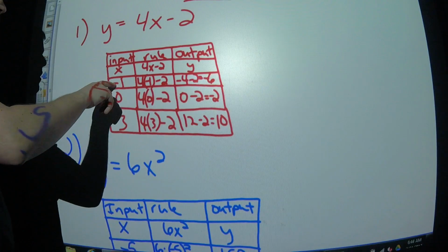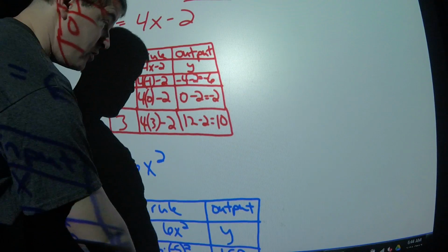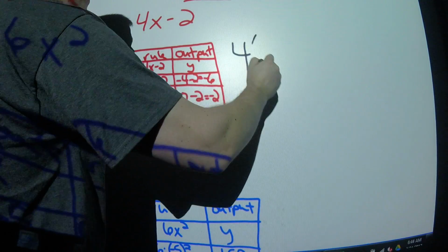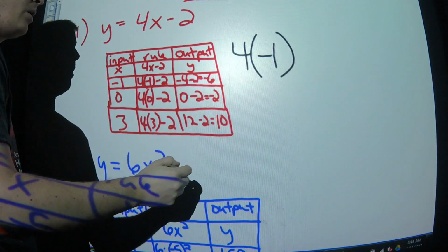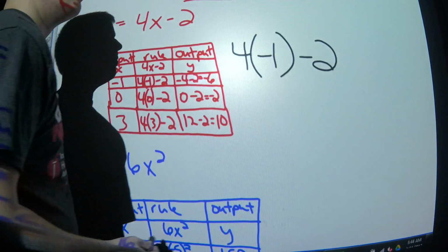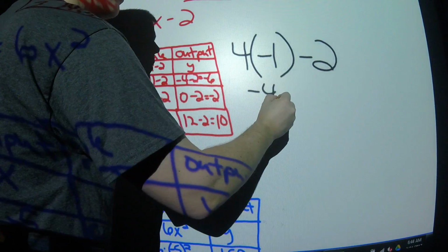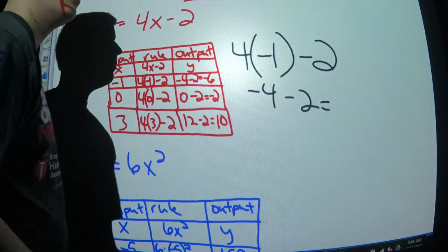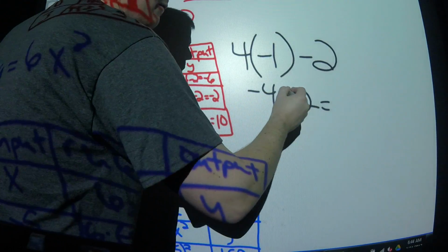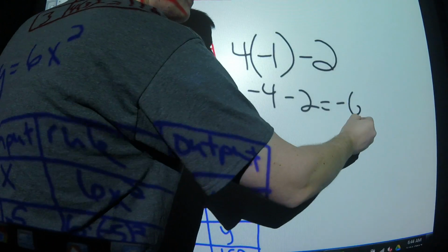So the input for this one is -1. So you have 4 times, replace x with -1, minus 2. Well, 4 times -1 is -4, minus 2 is going to make it further away from 0, so -6.